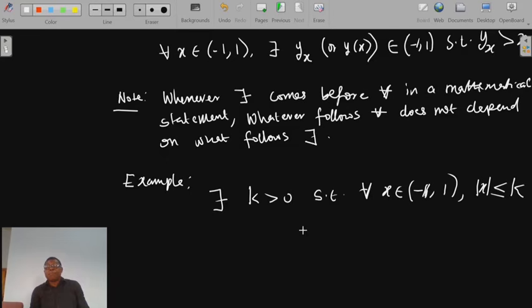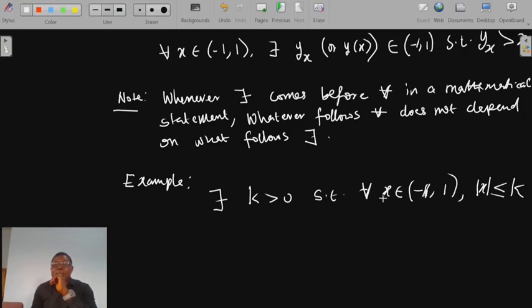In this statement, we observe that there exists comes before for all, and what follows for all is x in minus 1, 1, while what follows there exists is k bigger than 0. What we are saying is that here, this thing that follows for all does not depend on this particular k that follows there exists.